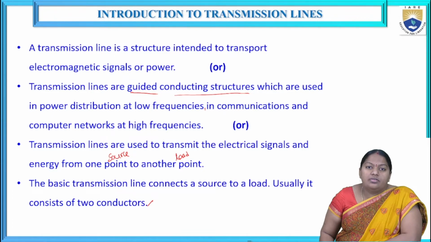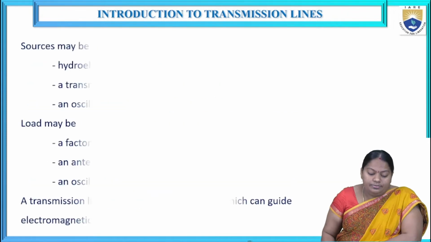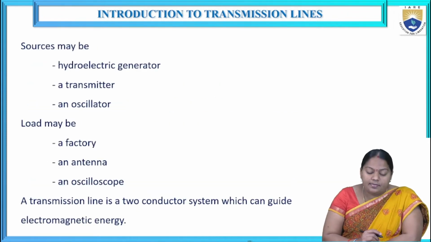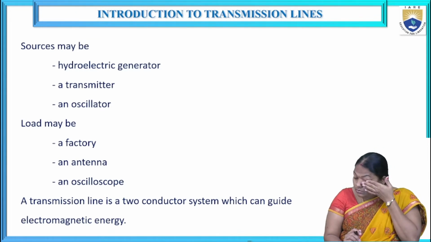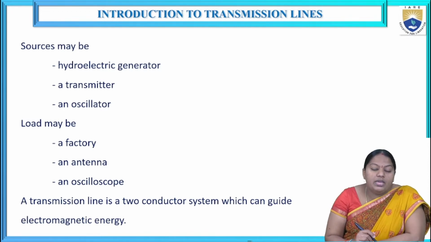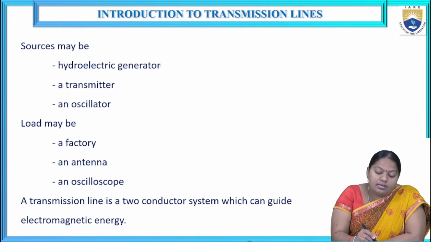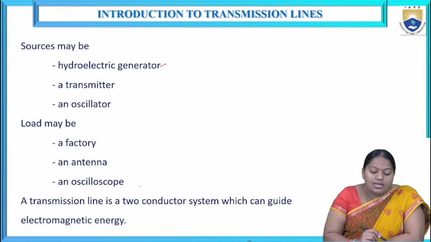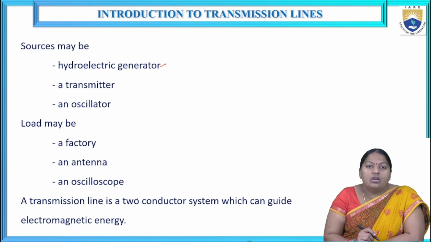Now we are going to see what the different examples for sources and loads are. Some examples of sources may be a hydroelectric generator, which is able to provide the input source to that particular device, and a transmitter, which we always connect at the input side in order to transmit signals, energy or power.